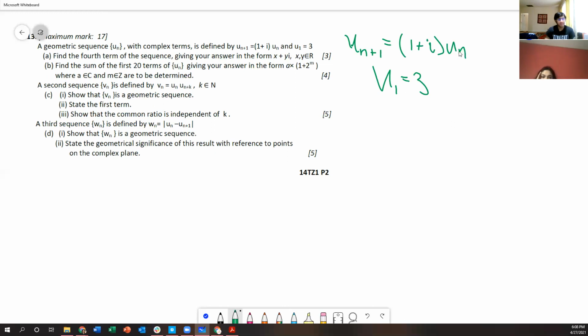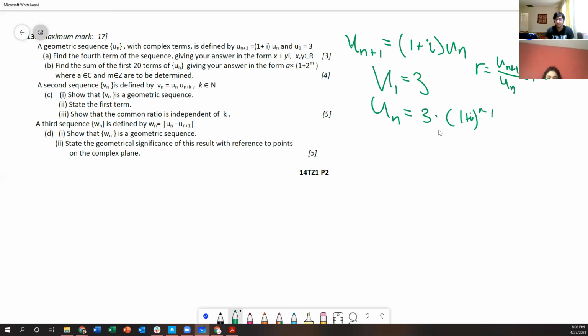So if I wanted to express this as the common ratio r, I know by definition the common ratio r is u sub n plus 1 over u sub n, and that's going to equal 1 plus i, right? So I know that that's my common ratio. From this, I can actually create an explicit formula. u sub n is going to equal 3 times (1 plus i) to the n minus 1.